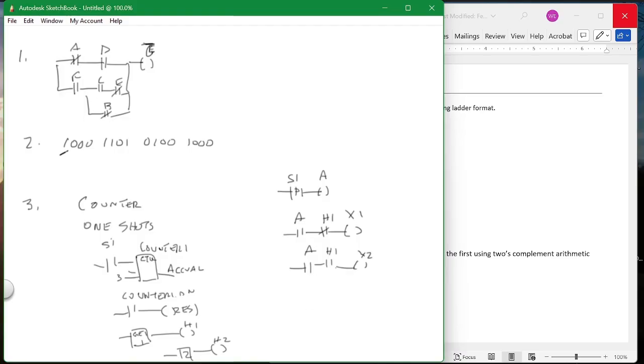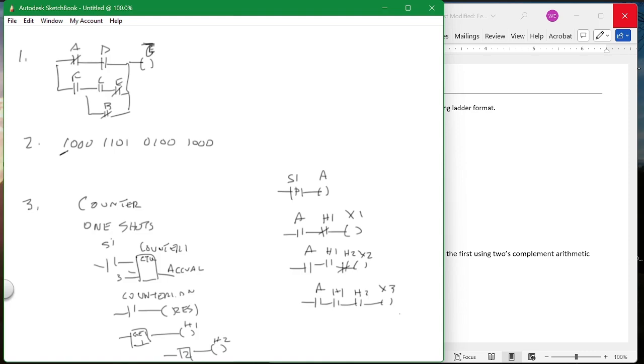And then A and H1, and not H2. And then A and H1 and H2 give me X3. Now you can set your seal circuits down here. You can do that all day long down here, but you can't do it until you've got these bits set.